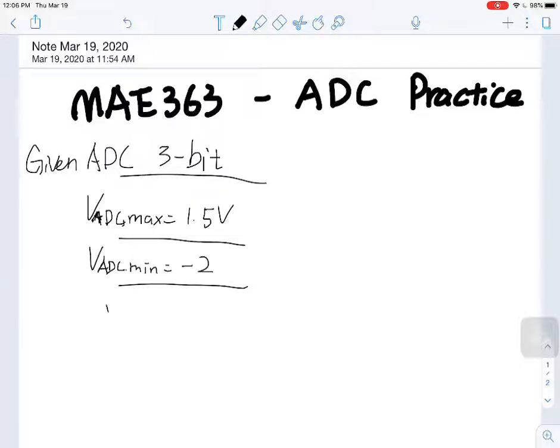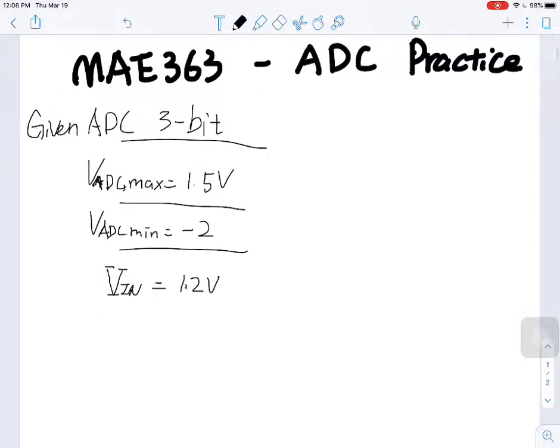Then if we have an input voltage, V in, that's the analog voltage you can measure, that equals 1.2 volt.